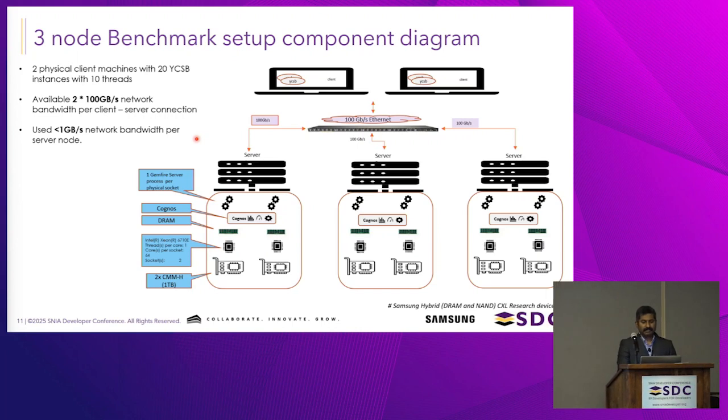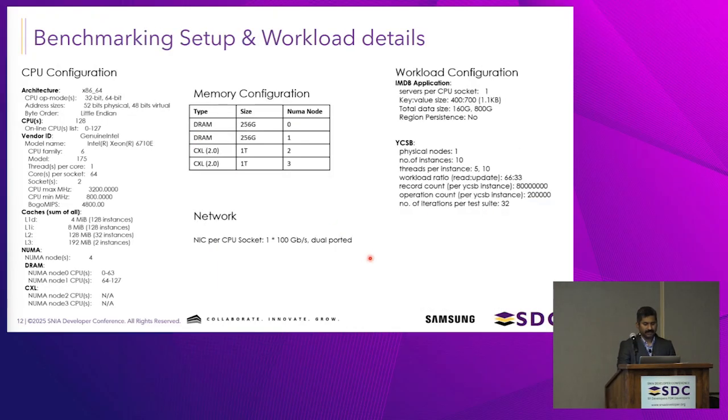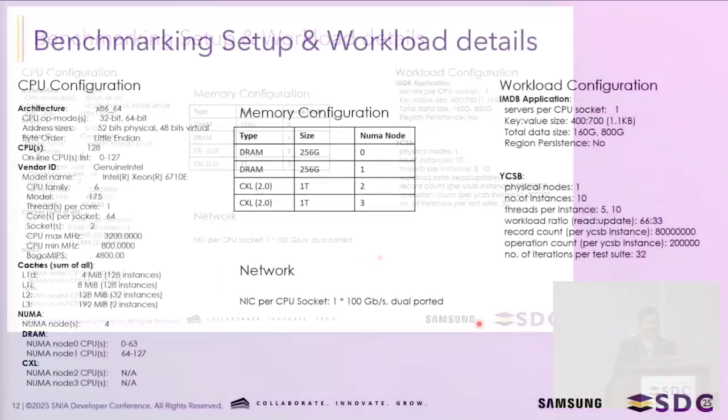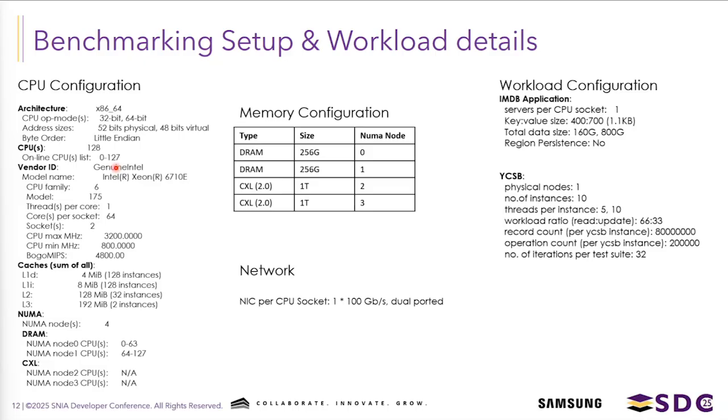Okay, drilling a little bit deeper again to give more details about the exact configuration which we used. Same thing, it was a dual socket machine, 128 cores. The main thing I would like to highlight here is how you will see the NUMA nodes.